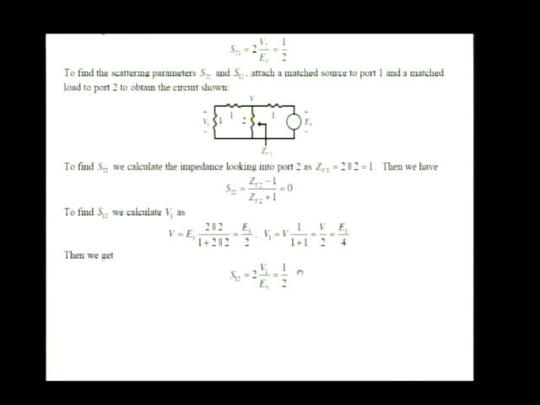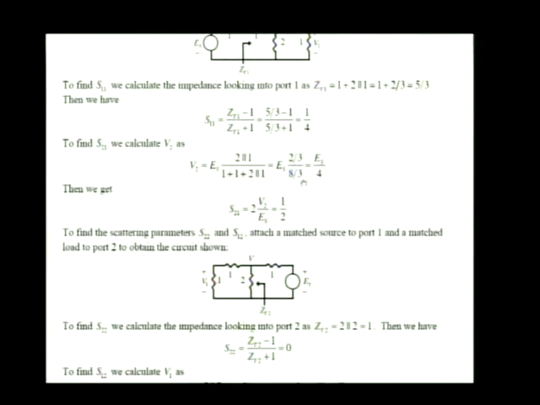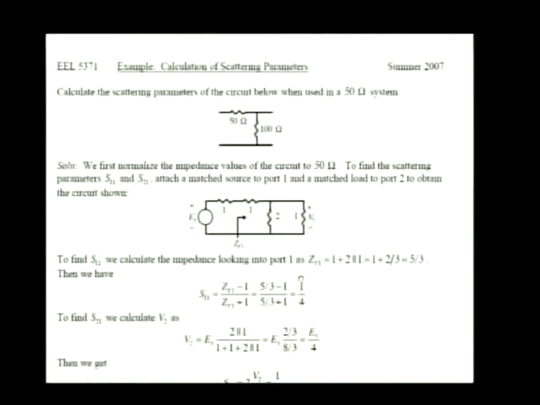So we've now found the other two scattering parameters, S22 and S12. Remember, we already found S11 and S21, so we know all 4 scattering parameters of the original circuit in a 50 ohm system.